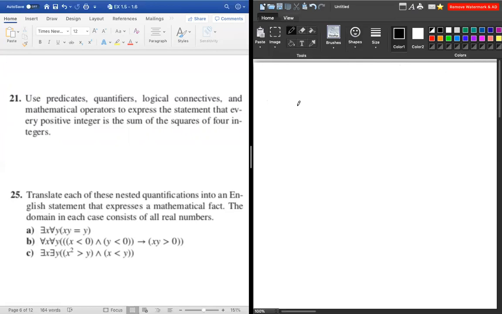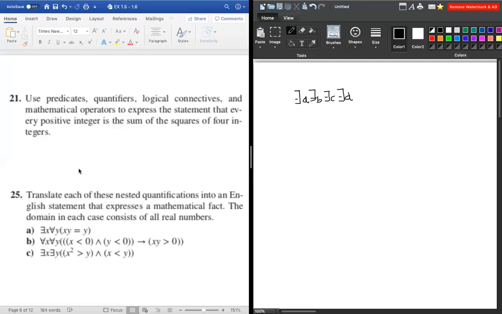So let's say that those are a, there exists an a, there exists a b, there exists a c, and there exists a d.